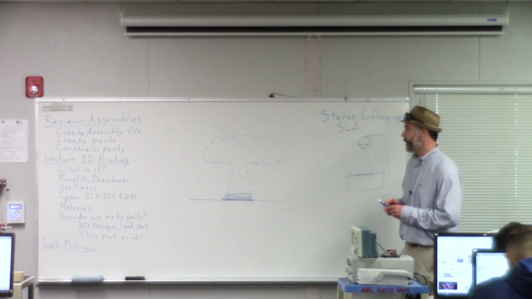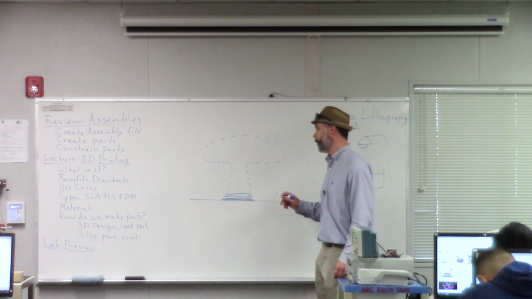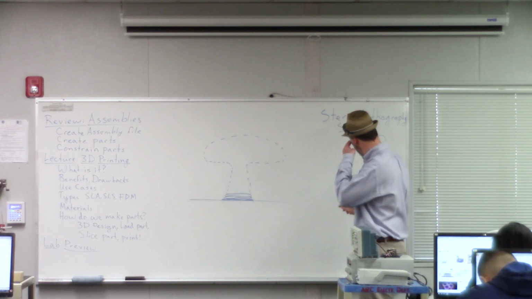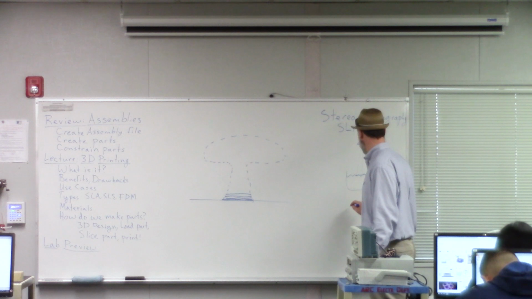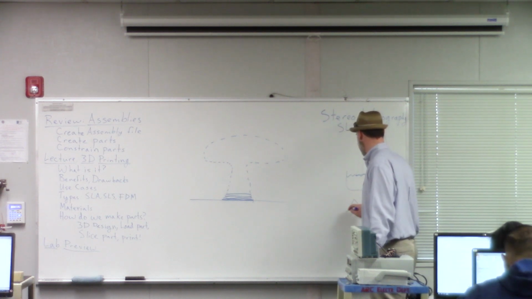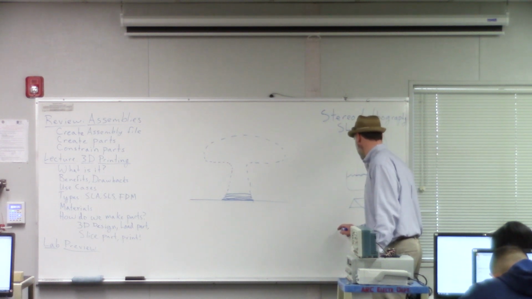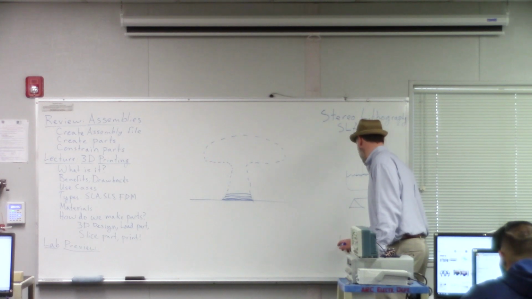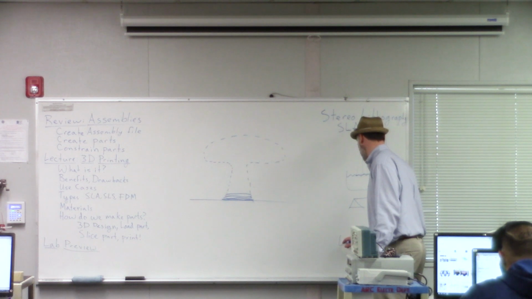The second process is SLS, which is selective laser sintering. That is where you have a laser that's shining down from above, and you have a sort of a reservoir of material down here at the bottom.